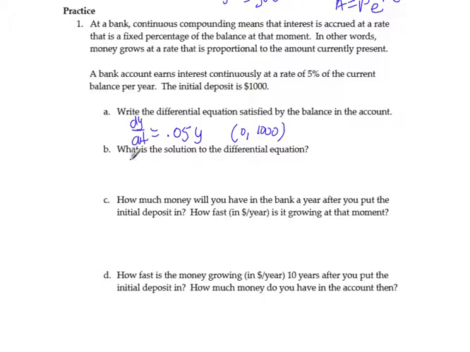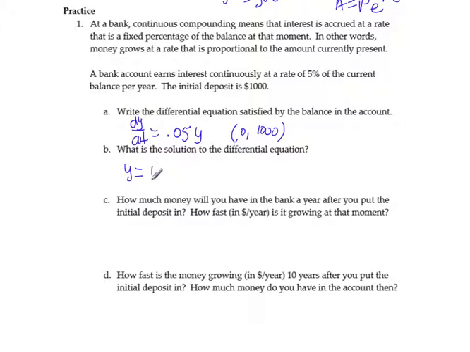So now, what is the solution to the differential equation? Well, I can go ahead and separate variables and do this whole thing again, but I didn't really leave you much space in here. So what can we say? If my differential equation is of this form, dy/dt equals ky, then the solution is going to be of the PERT form.